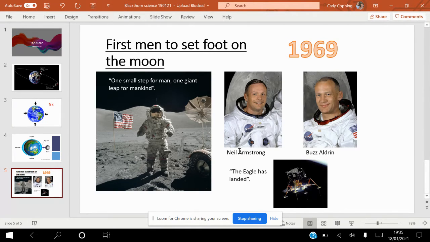As I said, Apollo 11 is the rocket that they went to space in, and the Eagle, this lunar module here, is the bit that took them from the rocket to the surface of the moon. That would have taken decades and decades and decades to organise. So it was a really significant moment for NASA, but for the world and for mankind in general.